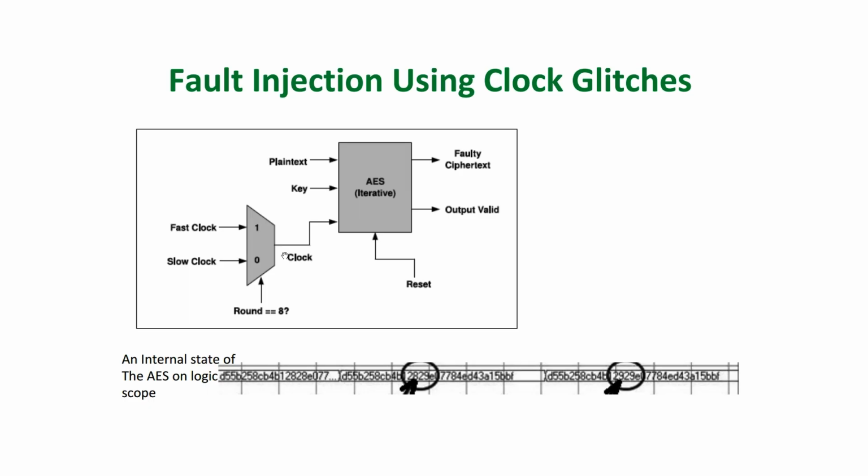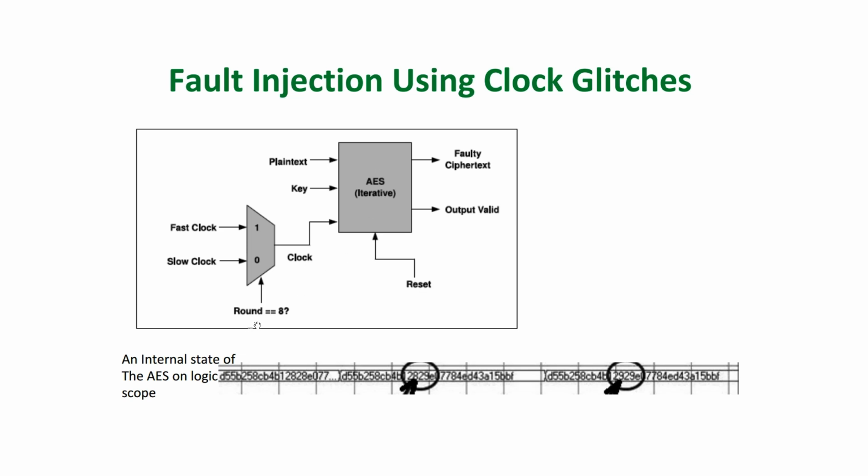What would typically happen in the normal operation of this device is that we would have a slow clock which is passed through. This means that the select line for this multiplexer is 0, and therefore you would have a slow clock passing to this, and the AES is operational on a slow clock.